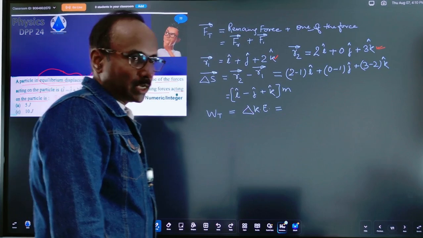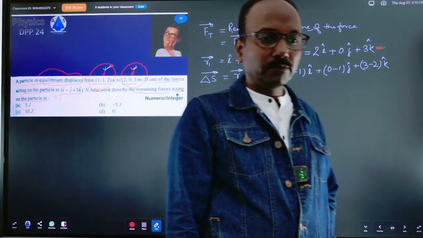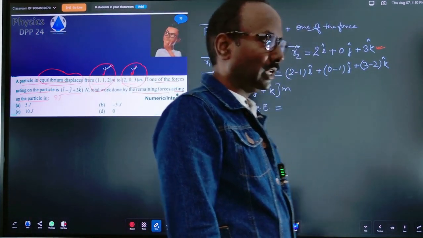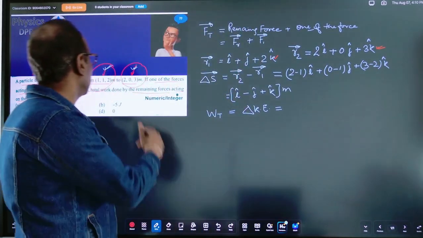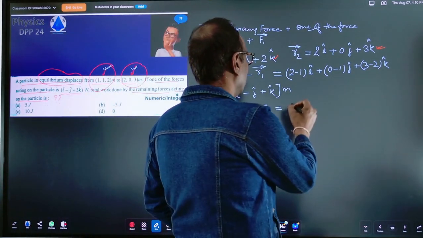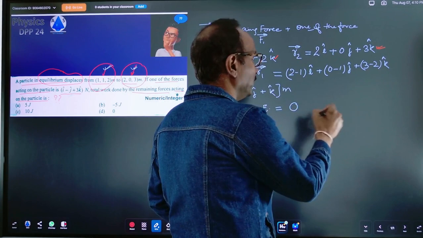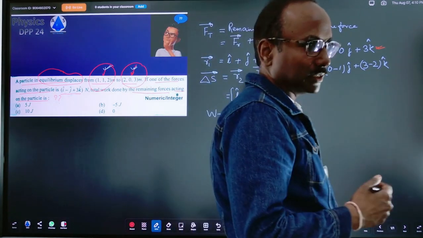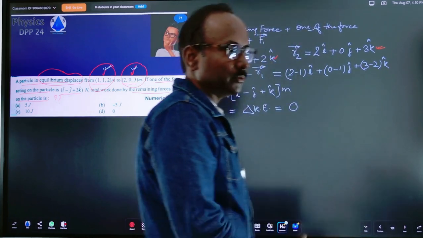But at both locations, R1 and R2 position, velocity is zero, since the particle is displacing in equilibrium as per question. So this will be zero: half m v2 square minus half m v1 square. Both v2 and v1 are zero.